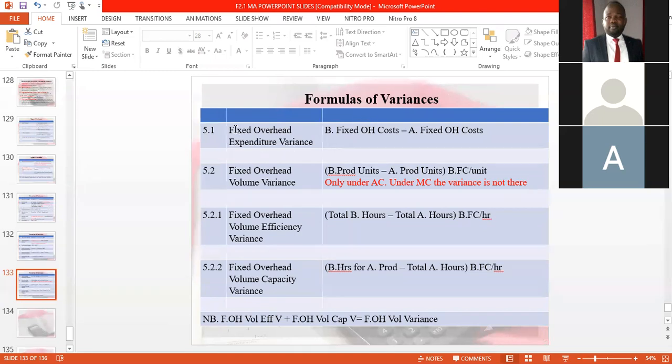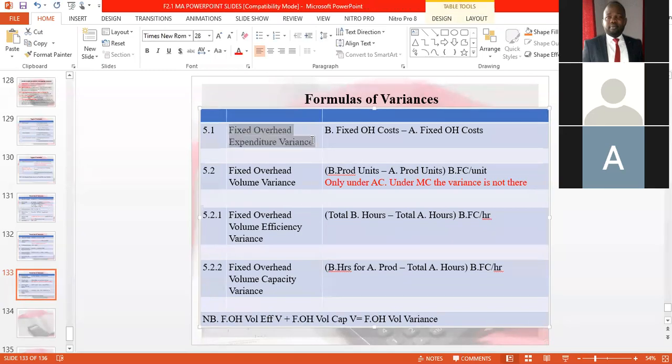Under fixed overhead variances, the first one is fixed overhead expenditure variance, and the next one is fixed overhead volume. Fixed overhead expenditure variance is budgeted fixed overhead costs minus actual fixed overhead costs.